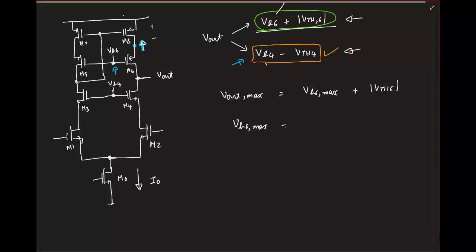What is VB6 max? Can someone work out and tell me? G6. That's not right. VGS, I mean, it's not right actually.